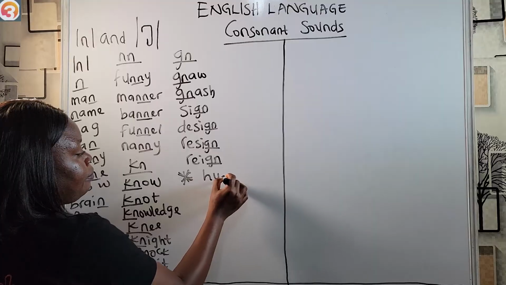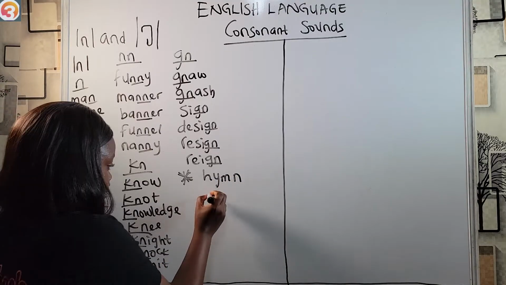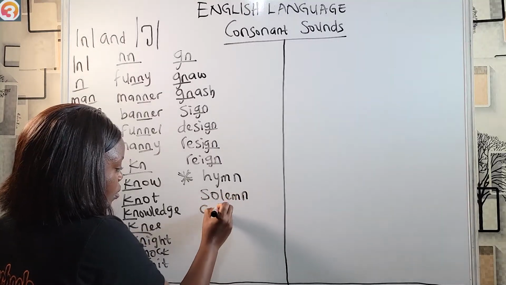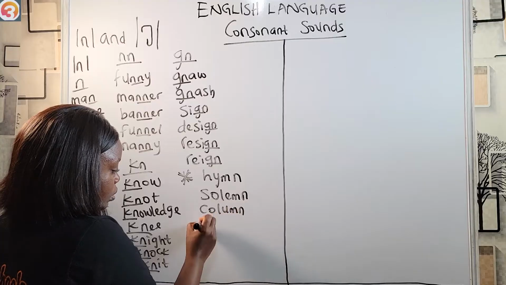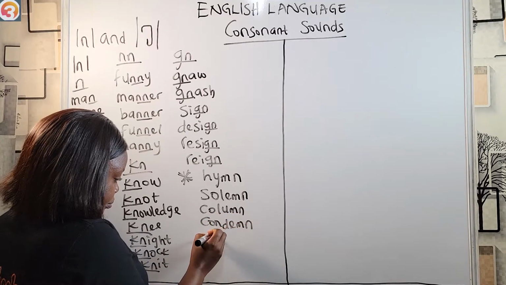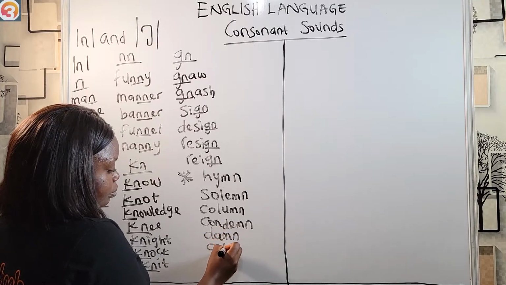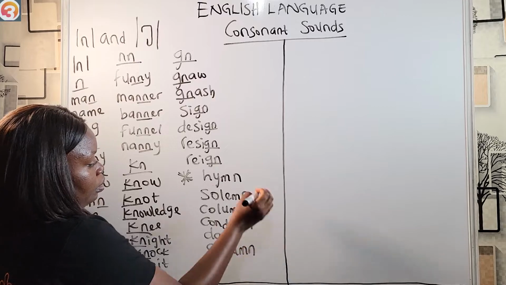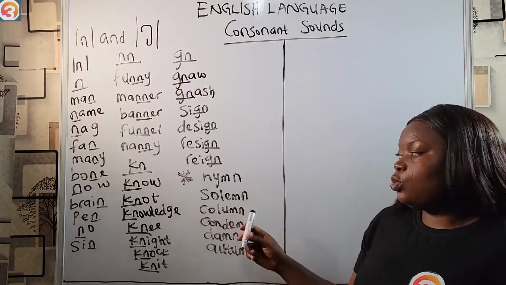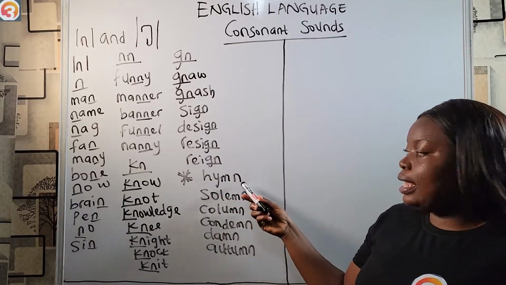Words like hymn, solemn, column, condemn, damn, autumn. In these words, the N is not pronounced, the N is silent. So when letter N comes after letter M at the end of words, the N is silent.